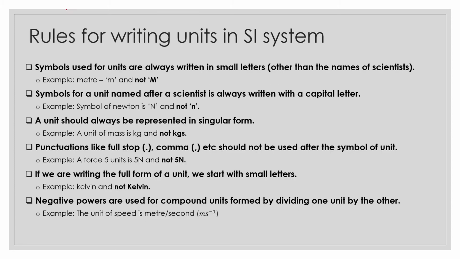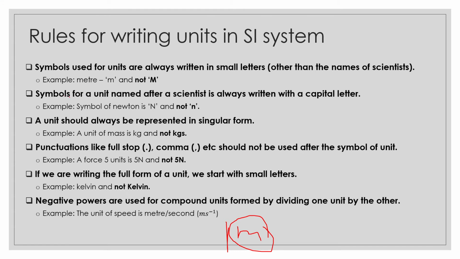Rules for writing units in the SI system. Symbols used for units are always written in small letters, other than the names of scientists. So I'm writing meter. Why do I write it in small letters? Because it's not the name of a scientist.